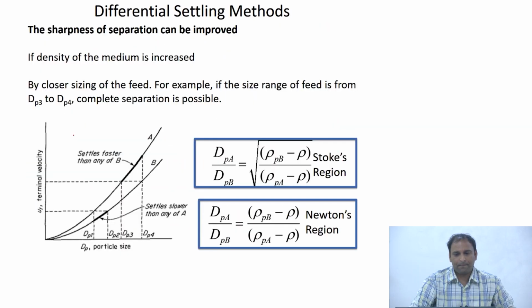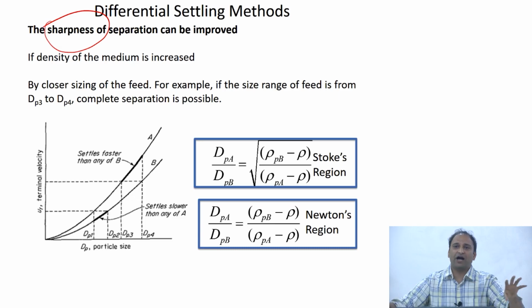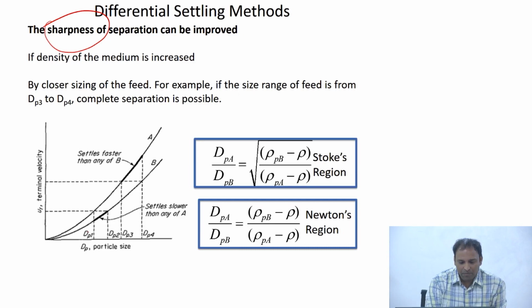Now there's something called the sharpness of separation. What I mean by that is, given a mixture of particles of different sizes and different densities, how cleanly can I separate out the particles into pure fractions? In the previous example, say I have a particle size going from dp1 to dp4.